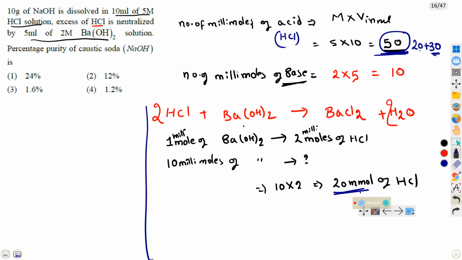Excess of HCl is equal to 30 millimoles.